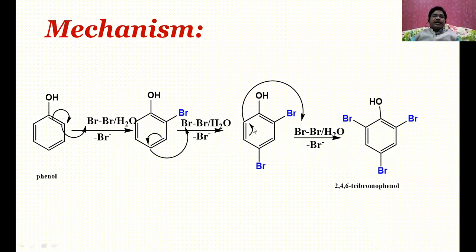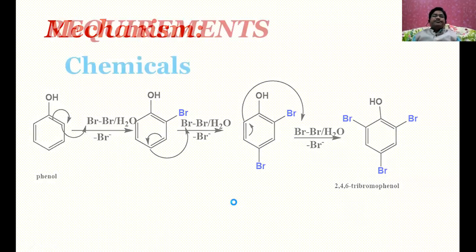Similarly, in the next step, the other ortho position is also involved in the substitution, and finally we will get the product 2,4,6 tribromophenol. In this way, we prepare 2,4,6 tribromophenol from phenol, by bromination of the phenol with an aqueous solution of bromine.